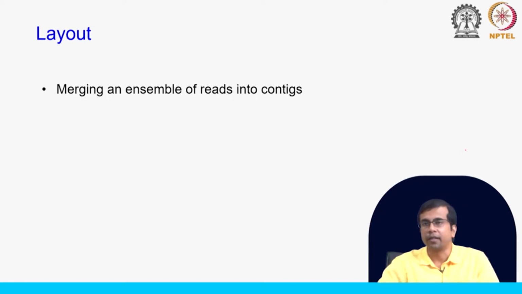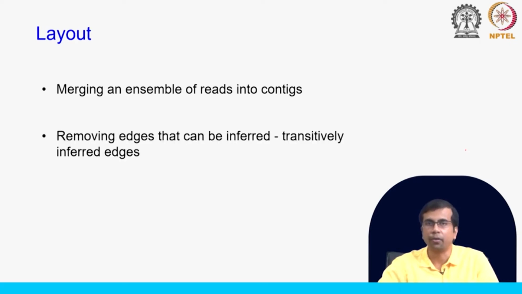What happens in the layout approach is that we merge an ensemble of reads into contigs. This is the idea behind the layout approach. The major step here is that we start to remove edges from the overlap graph that can be inferred. The edges that can be inferred are called transitively inferred edges. We will see with an example how these edges are inferred.